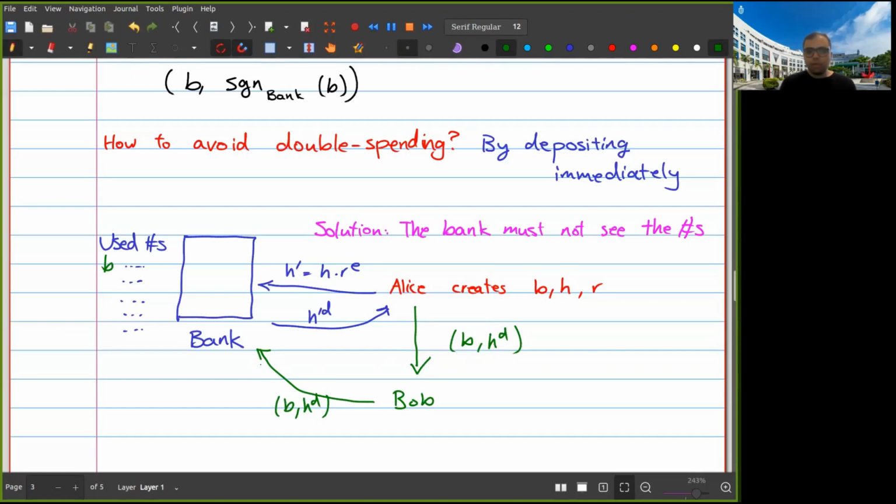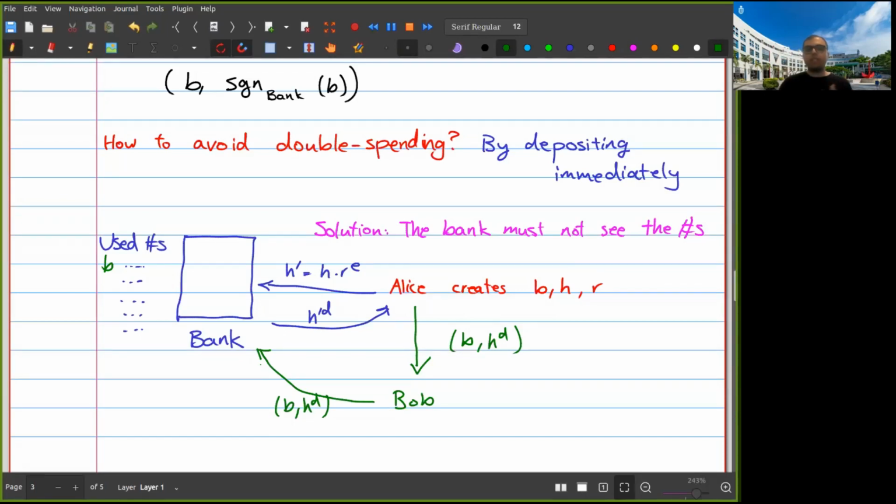But the really crucial point here is that if you imagine that thousands or tens of thousands of people are doing these kinds of transactions at the same time, the bank sees a banknote, it can verify that this was a banknote that was actually signed by this bank, but there is no way for it to say which banknote this was. So if I have 1,000 different Alices and each one of them is taking out one banknote and paying to 1,000 different Bobs, then the bank cannot connect which Alice paid which Bob.